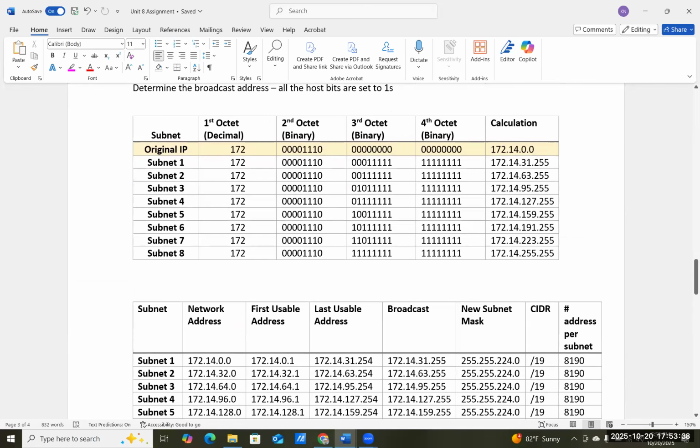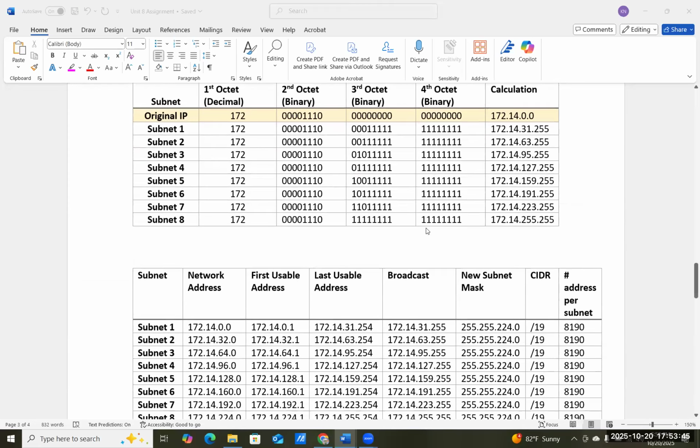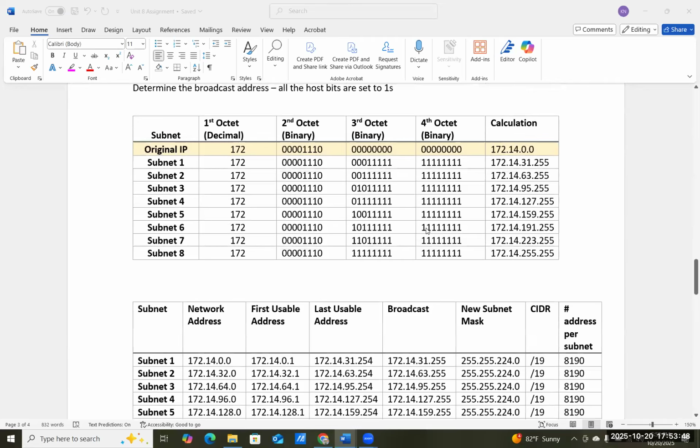Now we are going to look at the number of addresses. We did this calculation at the beginning. When we put together an IP table for the engineers, for subnet 1 your network address is 172.14.0.0. The first usable, you pull from a few tables ago, 172.14.0.1.